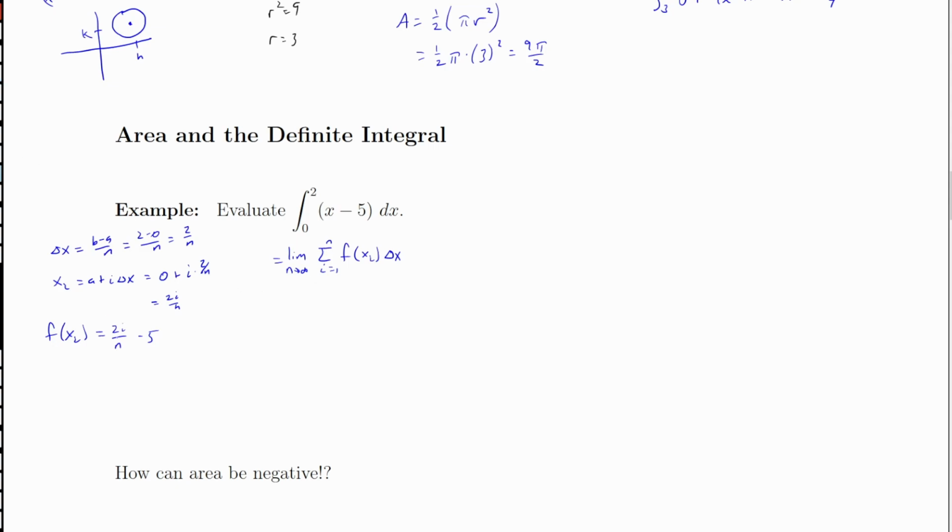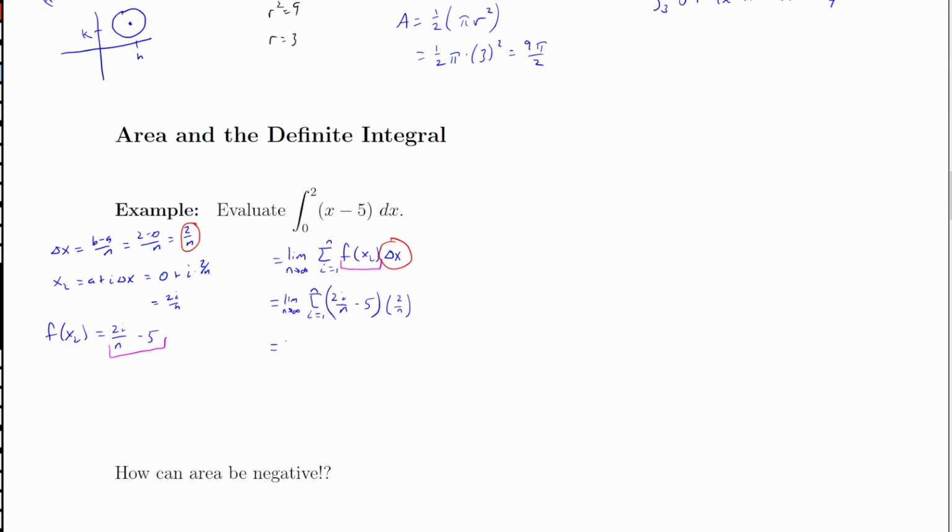Okay, so I'm going to plug my f of x_i in for f of x_i, and I'm going to plug the 2 over n in for the delta x. So we get the limit as n goes to infinity of the sum from i equals 1 to n, (2i over n minus 5), careful with your parentheses, times 2 over n.